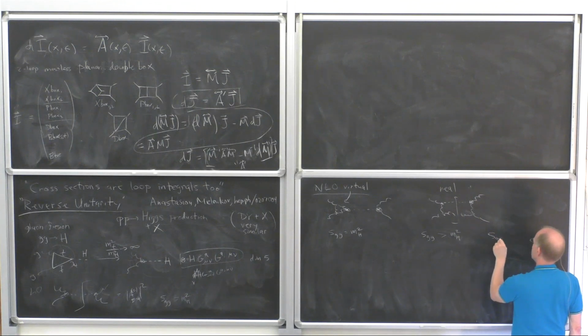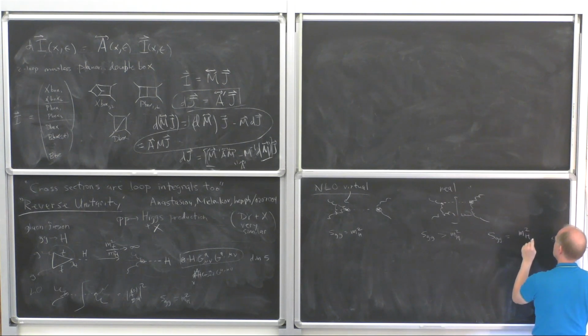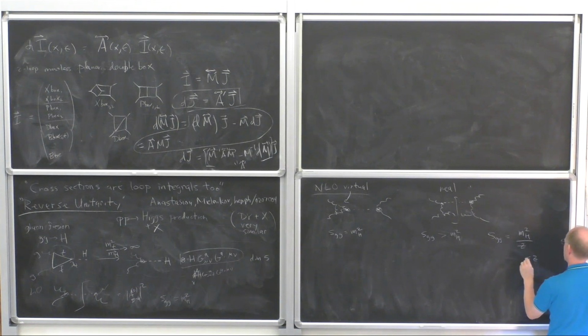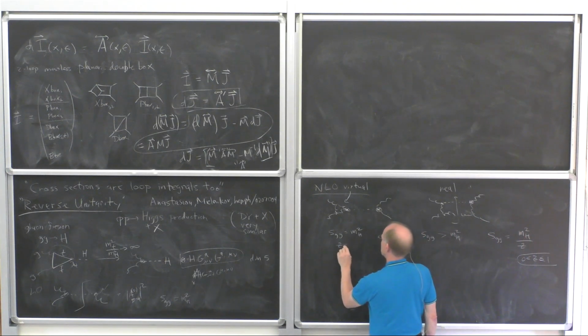So we usually write that s_gg is M_H squared over z, where z is between 0 and 1. And in the virtual corrections, z is equal to 1.